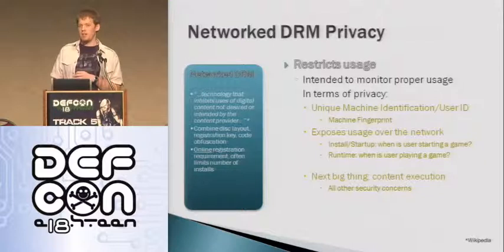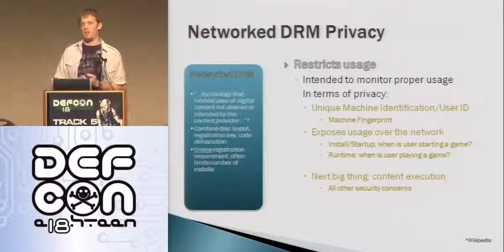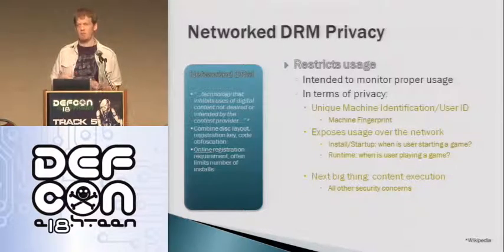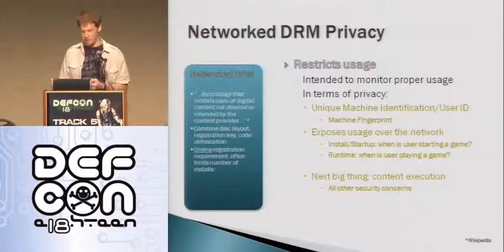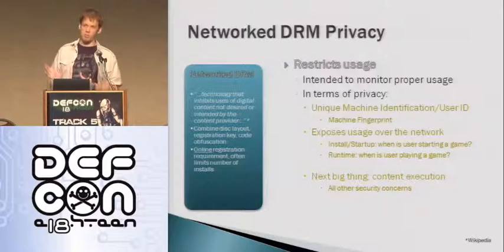And one of the big things on the horizon that hasn't quite happened yet is the content execution thing. This is what Ubisoft in particular has been talking about. I've tried to leave names out of this, but to some extent it's not possible. The idea here is that you don't have the full program on disk. You have most of the program, and at specific points it pulls down critical pieces of executable content.